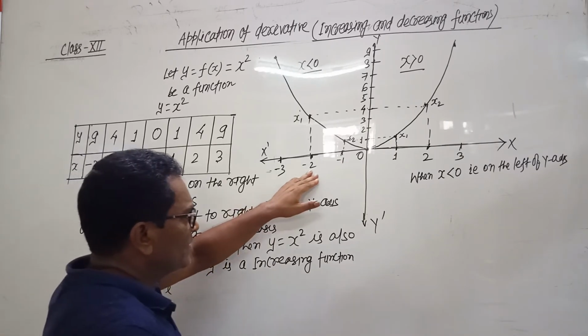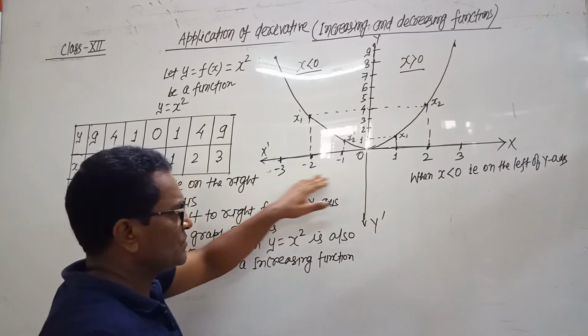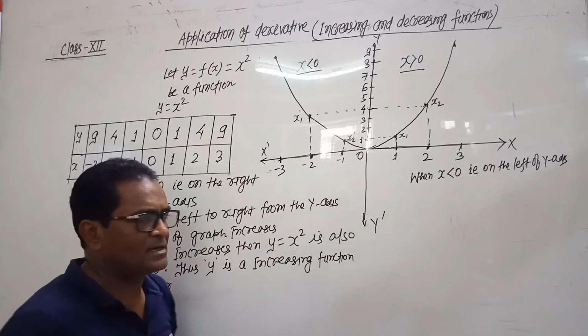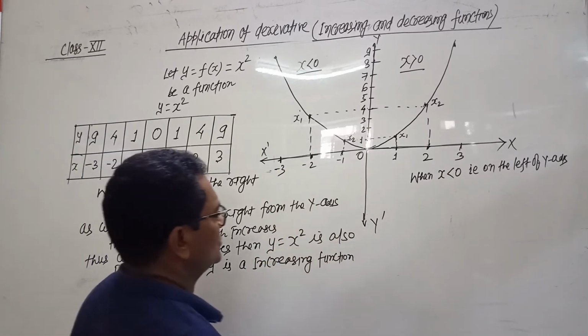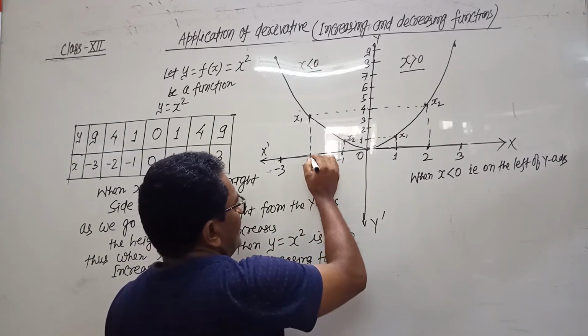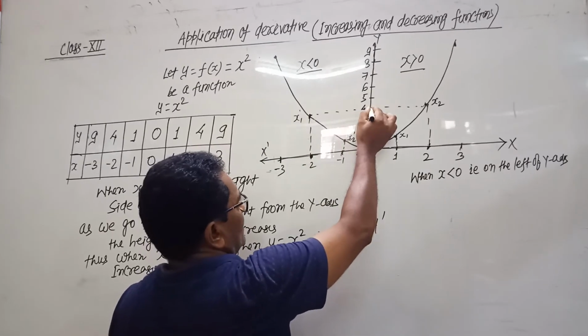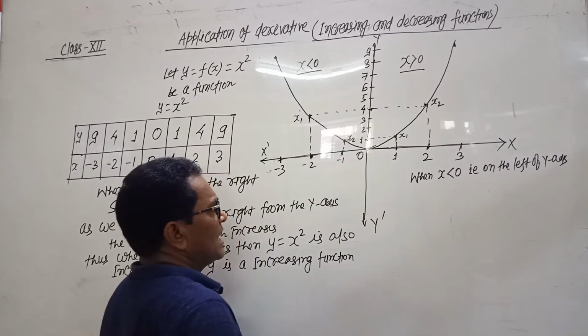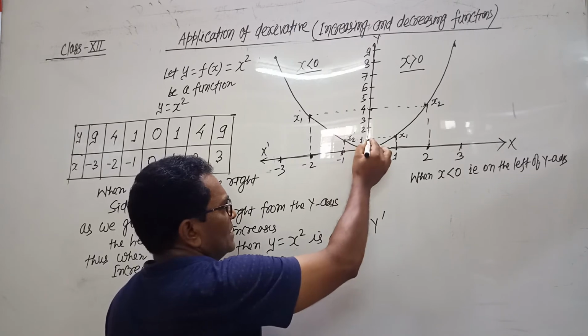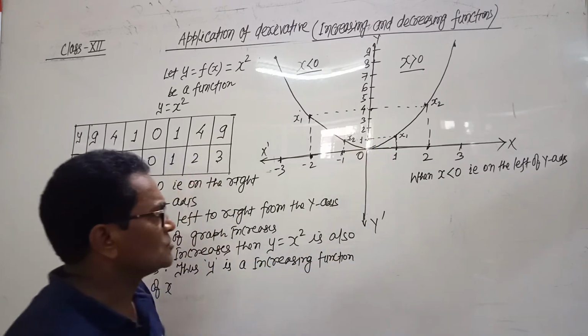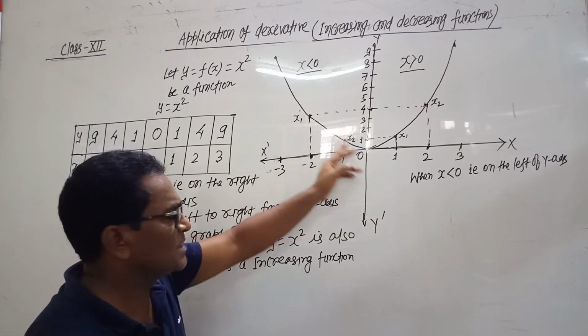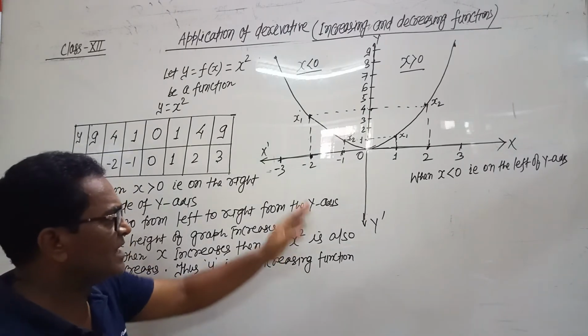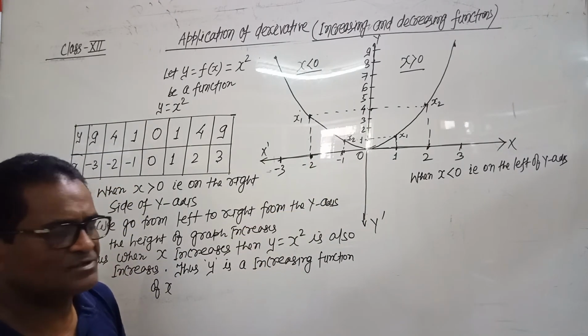It means when x increases, we are going in the increasing direction. At x equals -2, the value of y is 4, and at x equals -1, the value of y is 1. So the height of the graph goes on decreasing as x increases.